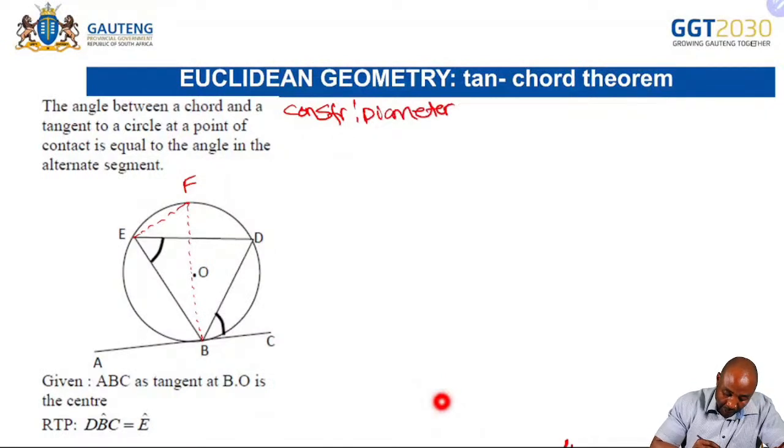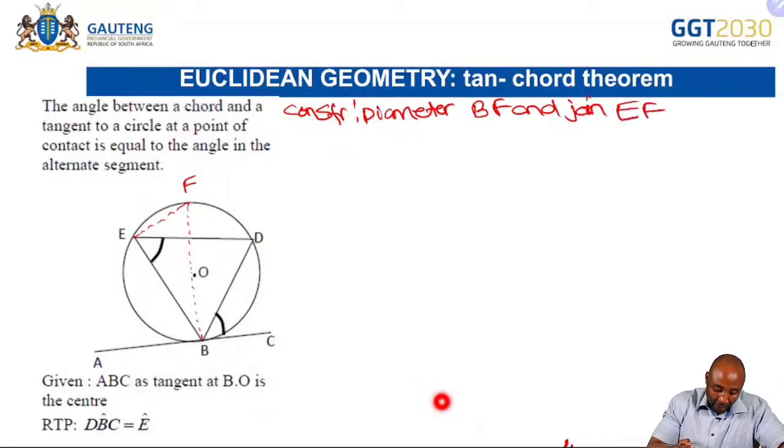We know that a diameter passes through the center, BF, and join EF. I will also name my angles. This I'll name it as B1. That one I'll name it as B2. This one I'll name it as E1. And that one I'll name it as E2.